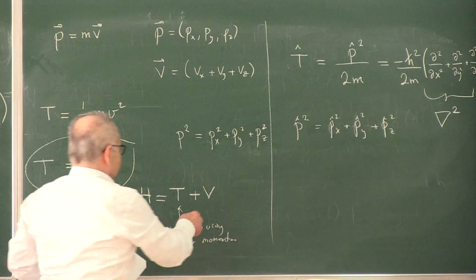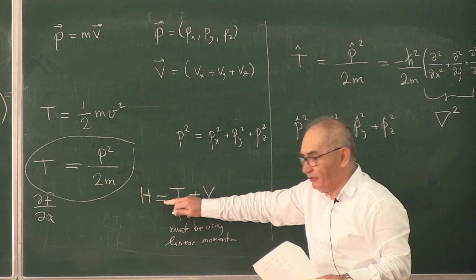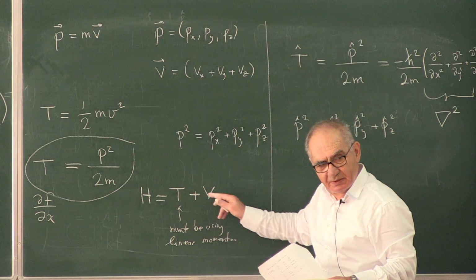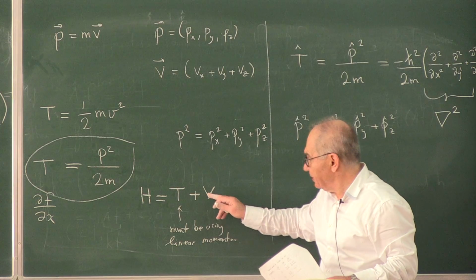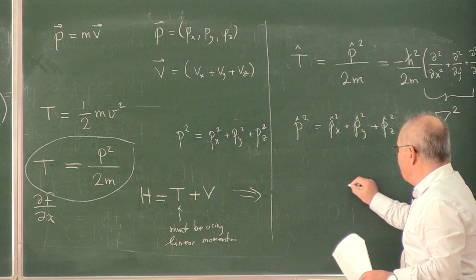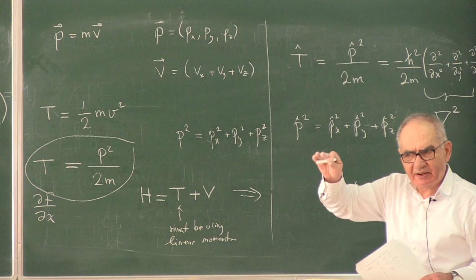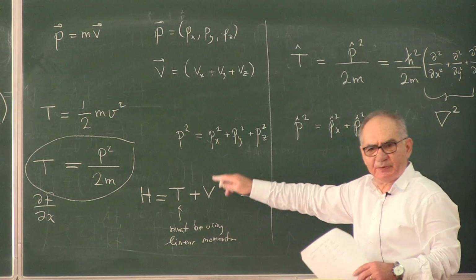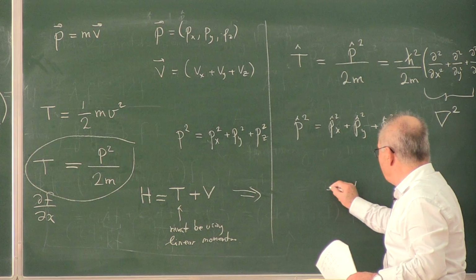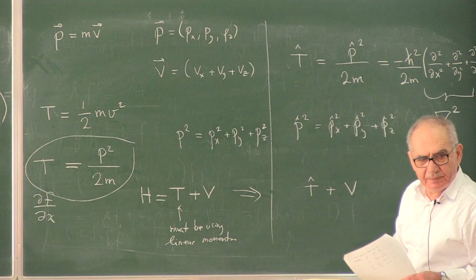Then this is the definition of the Hamiltonian, classical definition. Kinetic energy plus potential energy. In the quantum expression, the potential energy you do not change. It is the same expression as in classical theory. What changes? Kinetic energy becomes an operator.